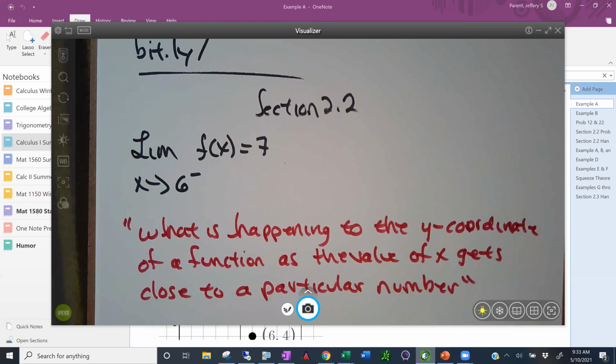So where's y going as x gets close to some particular number? Now, there's a little bit more in this notation than that, but I'll give you a second to copy this down.